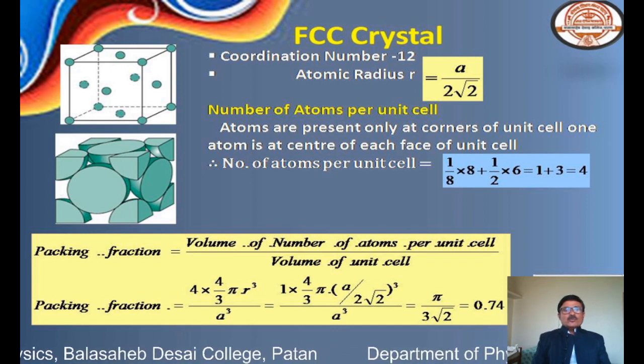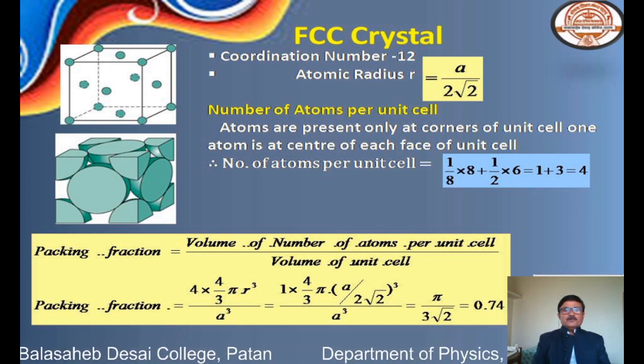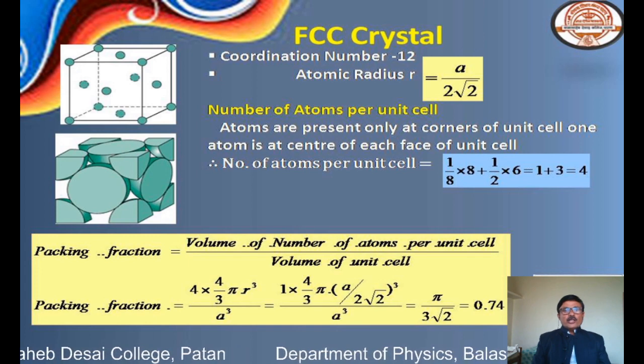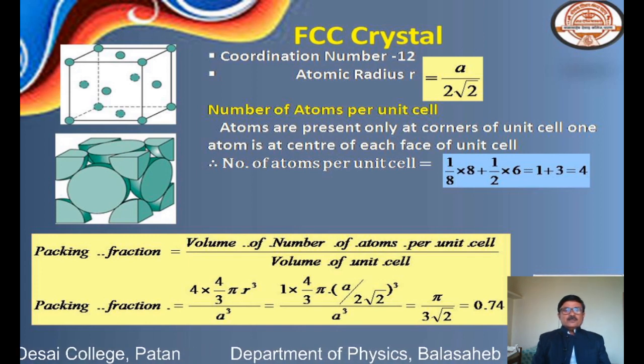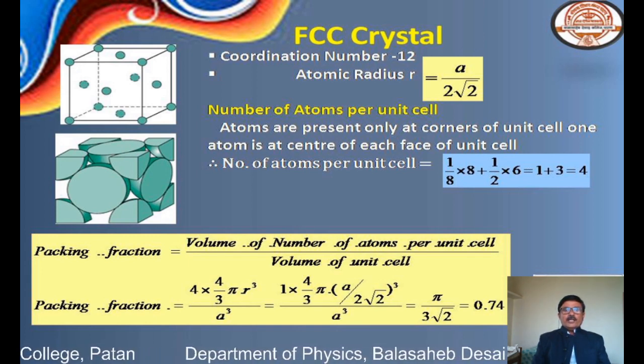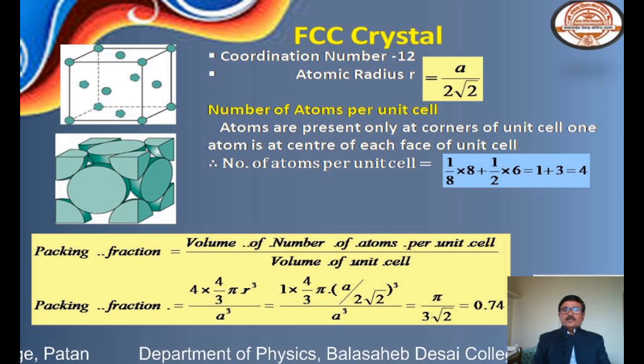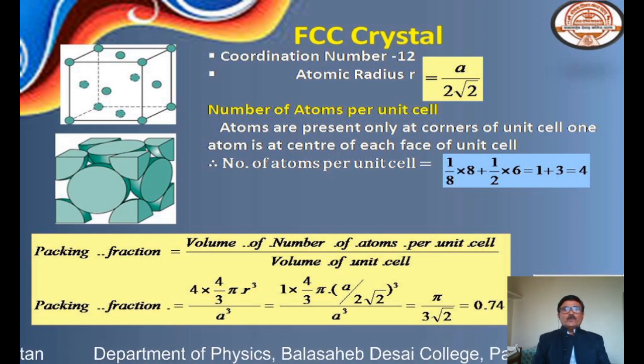Since the nearest neighbor to the corner atom is face centered atom, by using the trigonometry, it is observed that atomic radius of the face centered cubic crystal will be a divided by 2 root 2.